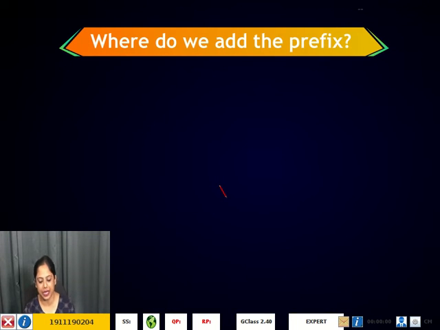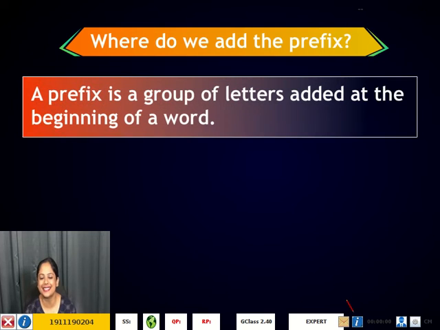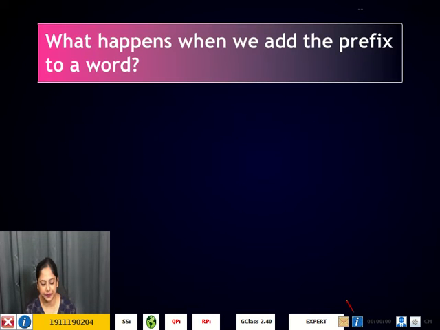Okay, very good. Now, what are prefixes? Prefixes are affixes which are placed before the stem of a word. Now, you must be wondering where and why we add the prefix. So, let's see that one by one. A prefix is a group of letters added at the beginning of a word. Right?